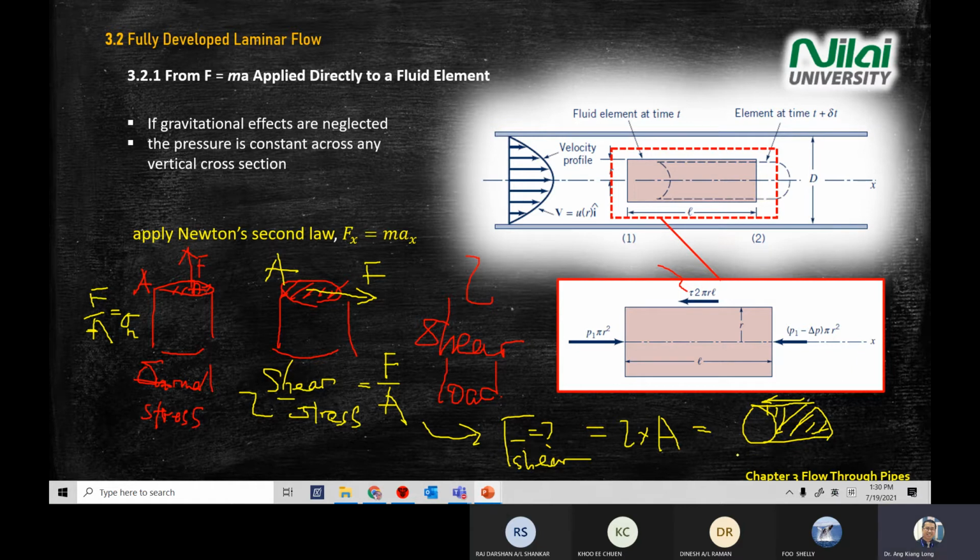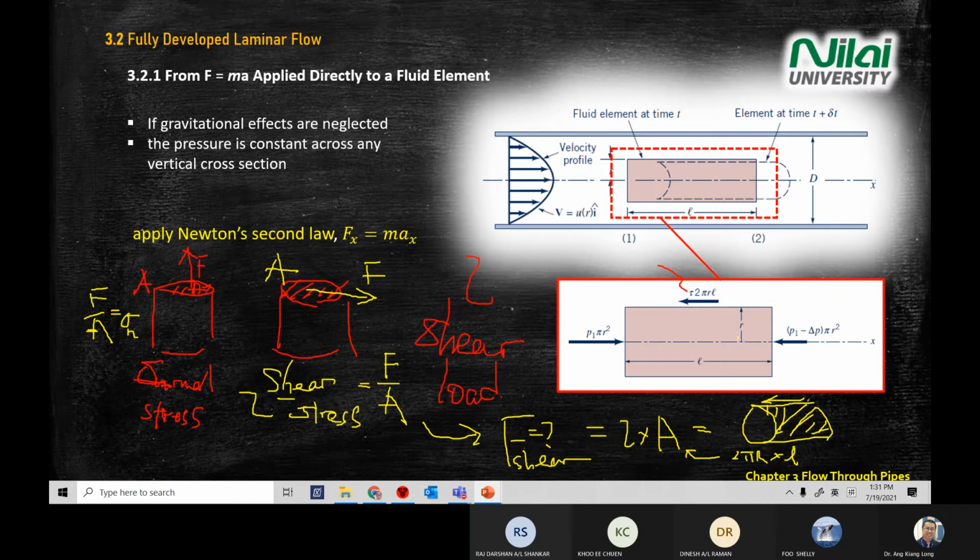You take the perimeter, which is 2 pi r, times the length, and you get the area. So you get shear force by taking shear stress times the area. You get the shear force at the top of the diagram.